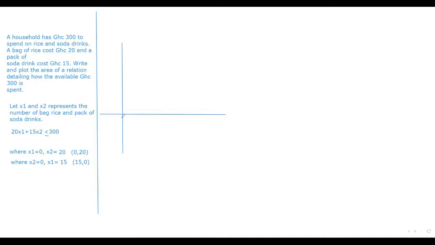Okay, so here is 0. Let's make the interval 5, 10, 15, 20. This one becomes X1. Then here also 5, 10, 15, 20, and here becomes X2.